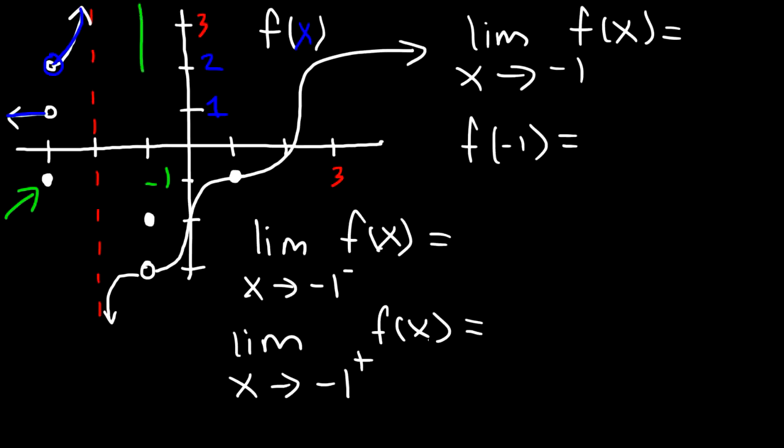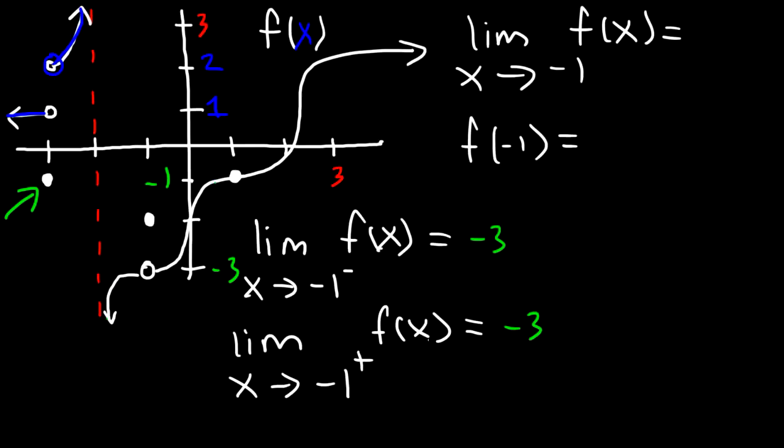So anywhere along this vertical line, x is equal to -1. As we approach an x value of -1 from the left side, notice that the y value approaches -3. Now, as we approach it from the right side, the y value is still -3.